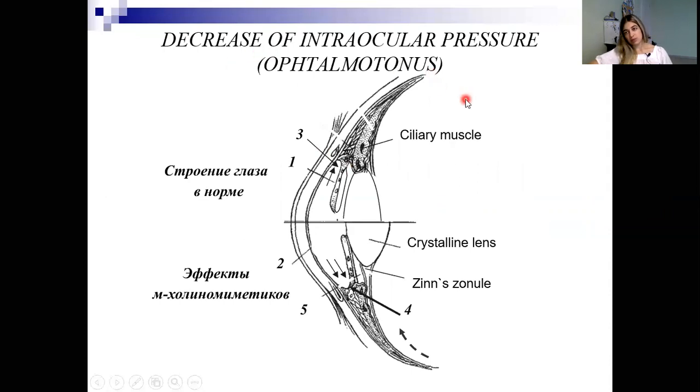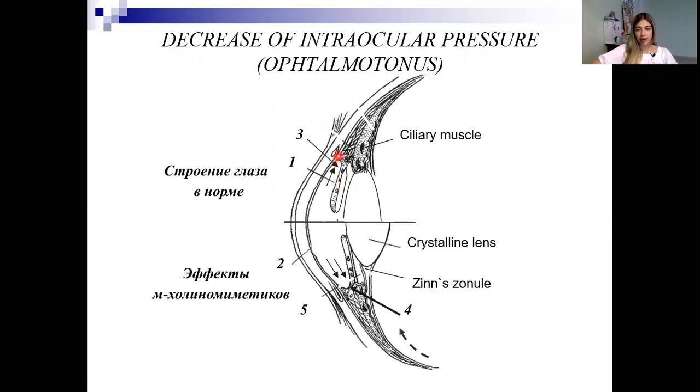Also, the stimulation of cholinereceptors in the eye decreases the intraocular pressure, which is very good in case of glaucoma. What happens actually with glaucoma?